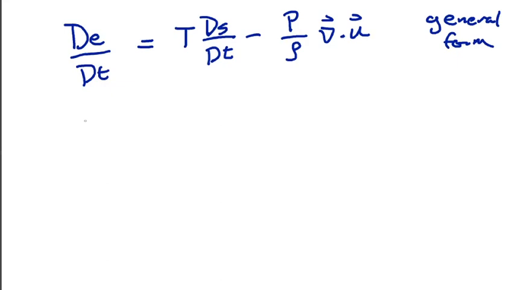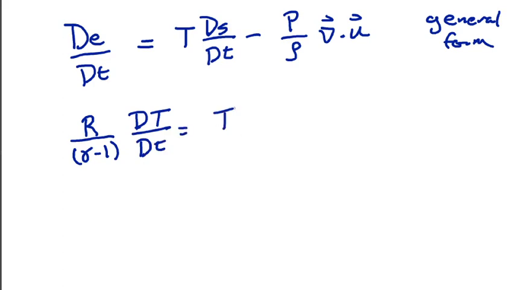So assuming a constant gamma and a constant gas constant, we get R times gamma minus 1 out front times dT dt, and this is equal to T ds dt, and then minus P, that's rho R T over rho, itself divided by rho, and so that just becomes RT times the divergence of u.